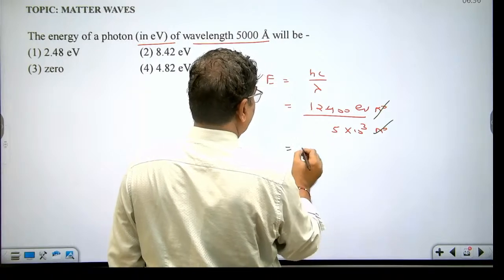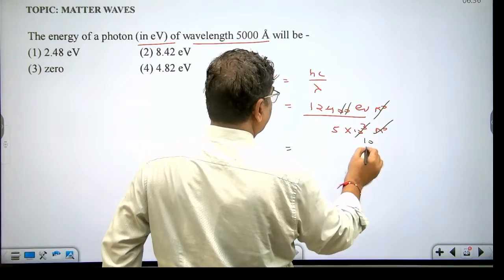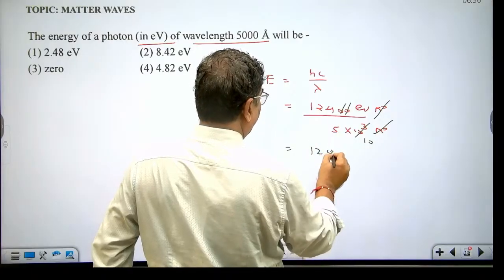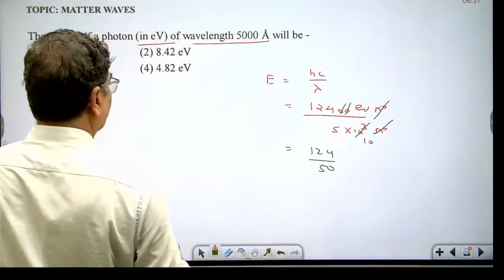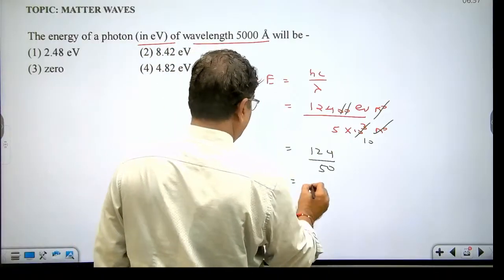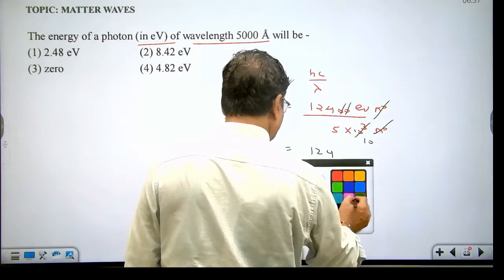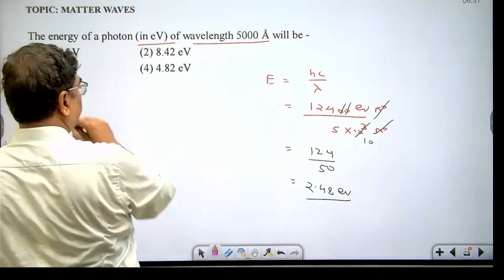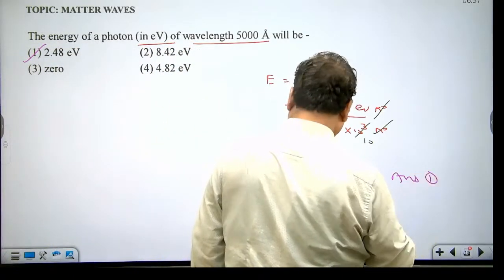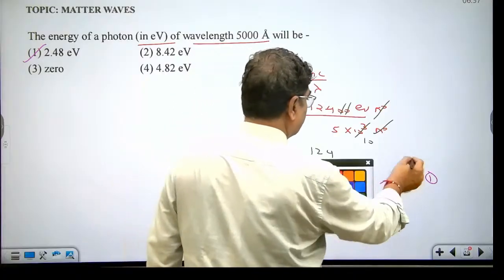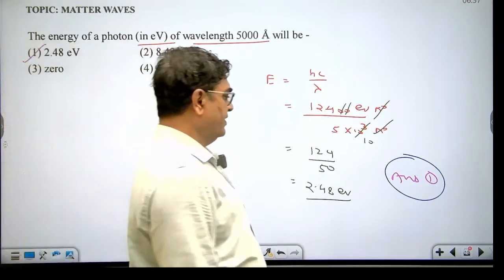Now 124 upon 50 means approximately 2.48 electron volt. So out of 4 choices, the correct choice is option 1.